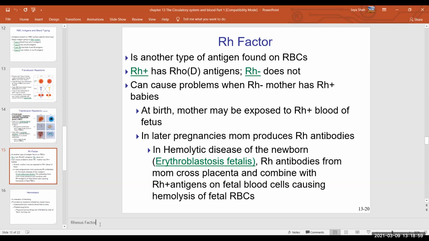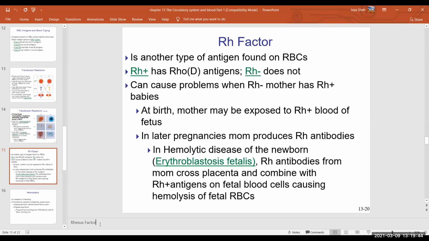Now, the same mother again gets pregnant, the second time with the same man, and by chance again the baby is Rh positive. Now what happens? The fetus is positive the second time, and the mother has antibodies against the Rh antigen already developed. Red blood cells cannot cross the blood placenta barrier and mix with the mother's blood, but the immunoglobulin, which is made already, can cross the placenta and get inside the fetal blood.